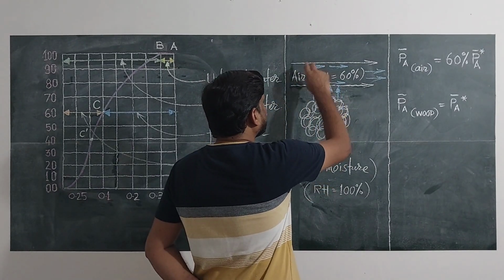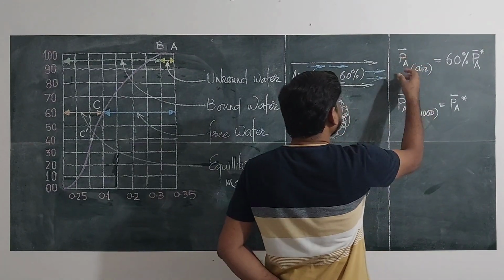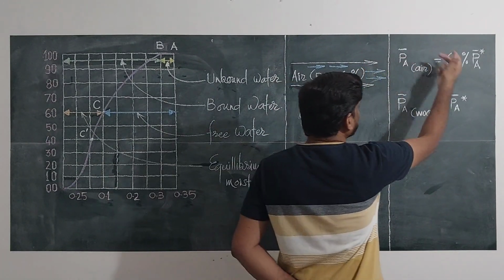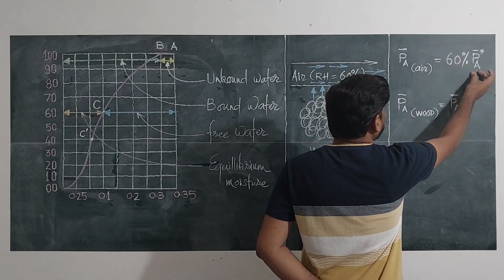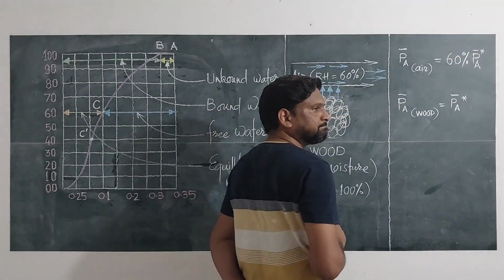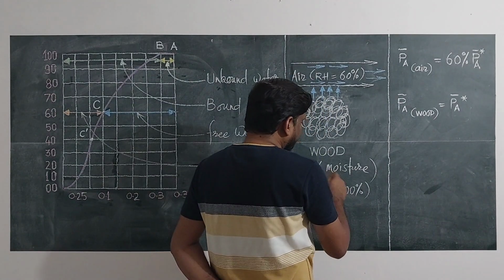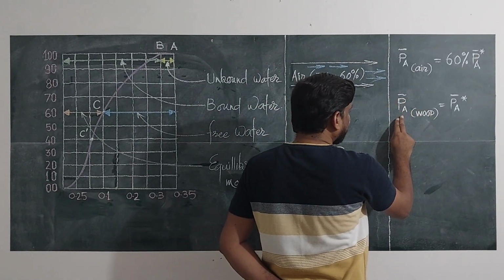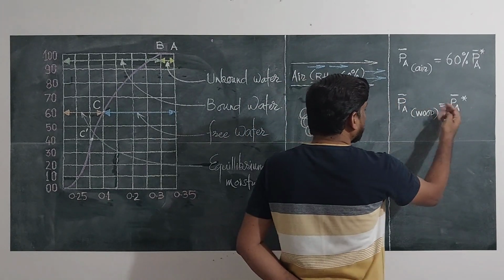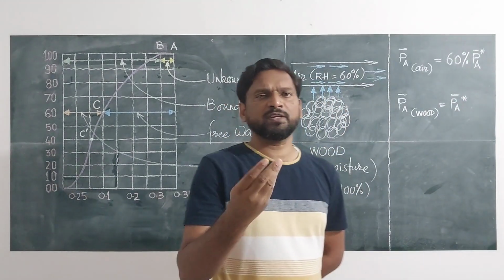Relative humidity of air 60% means the partial pressure of water contained in air is equal to 60% of the vapor pressure of water, and 100% relative humidity of wood means the partial pressure of water in wood is equal to the vapor pressure of water at any specific temperature.